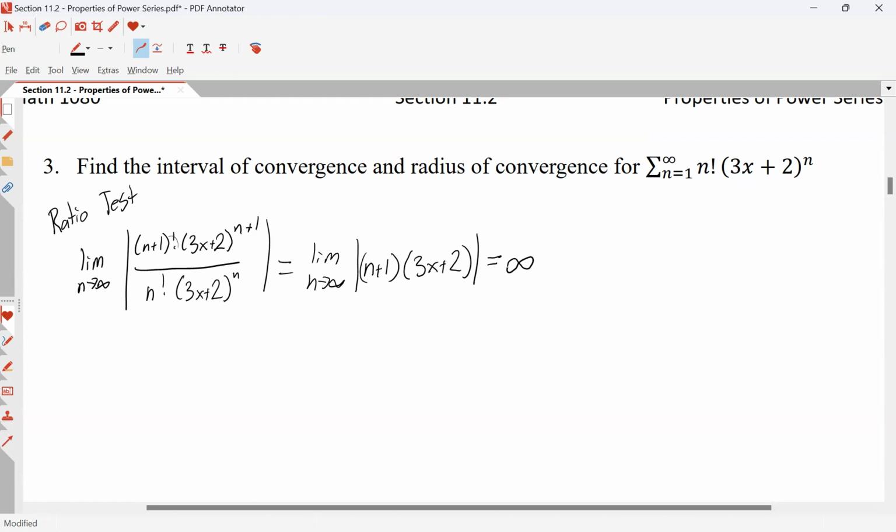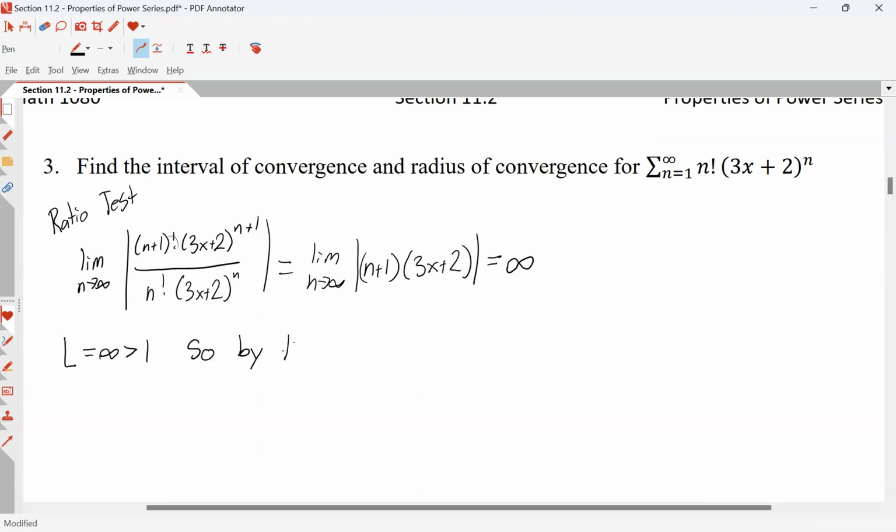However, there's going to be one value we need to talk about. Our limit at the end of this, again, we ran the ratio test. So L is equal to infinity, which is bigger than 1.